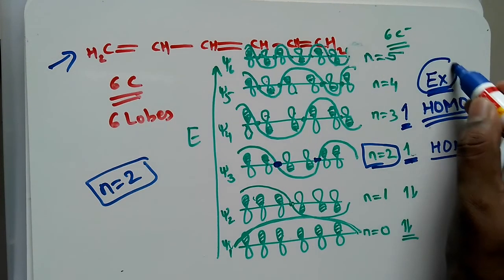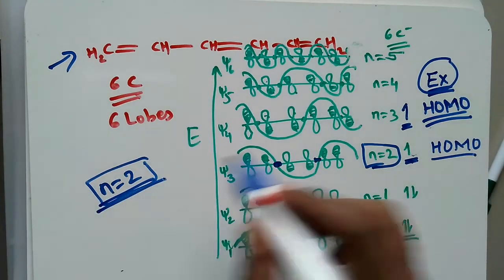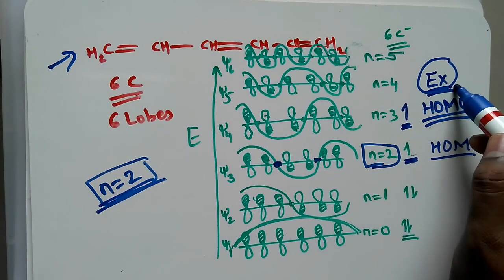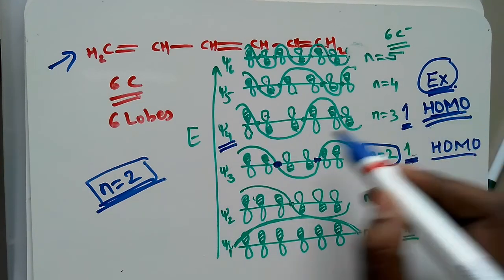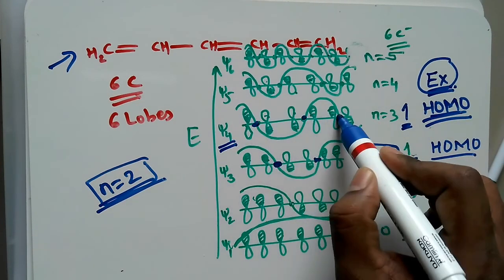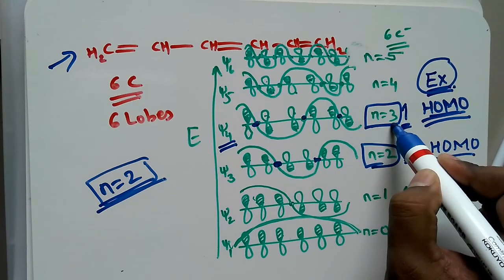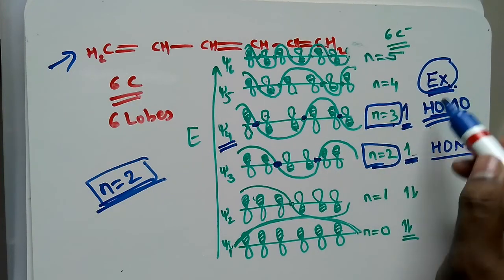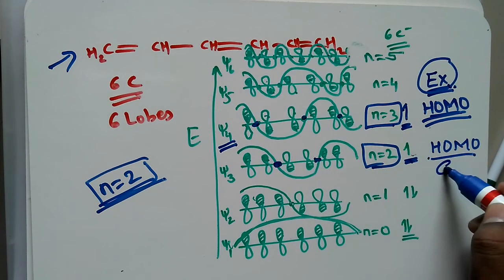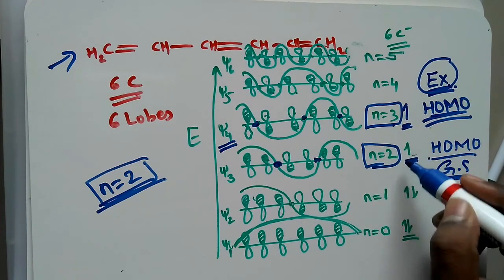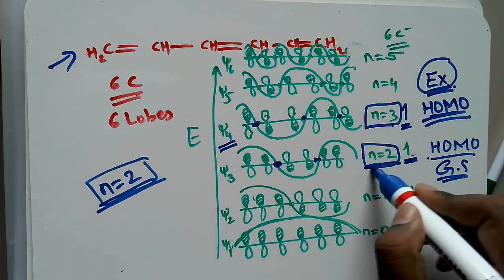In the ground state, the nodes are 2. If they are asking about the excited state, psi4 is the new HOMO, and here it will be 1, 2 and 3 nodes. So the nodes in the case of the excited state will be 3. In the case of the ground state, this is the HOMO, and n equals 2.